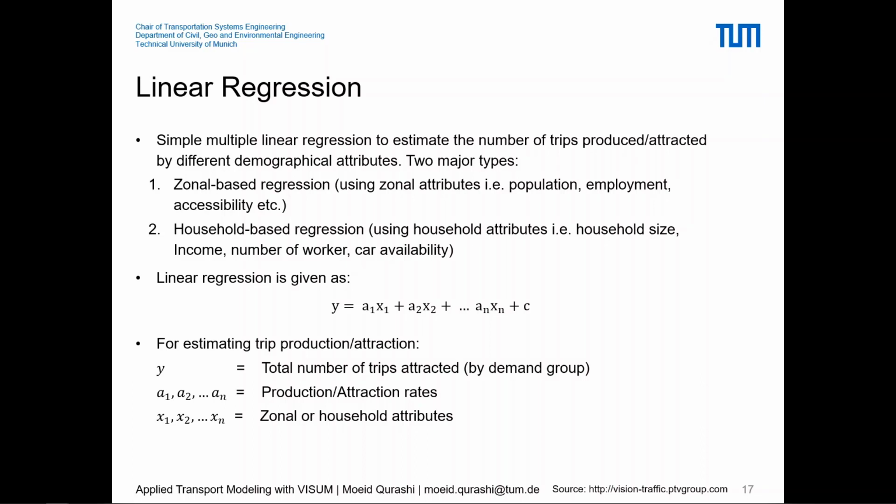Similarly, here, if you only have one type of attribute for attraction, let's suppose you want to find it for work, it's simple: y is equal to a1 x1. So a1 is the rate for work, and x1 is the workplaces, and you can simply divide the total number of trips, y, by the total number of places available, and you get the factor a1.